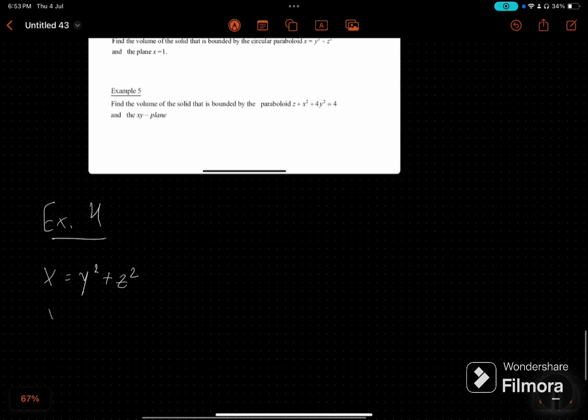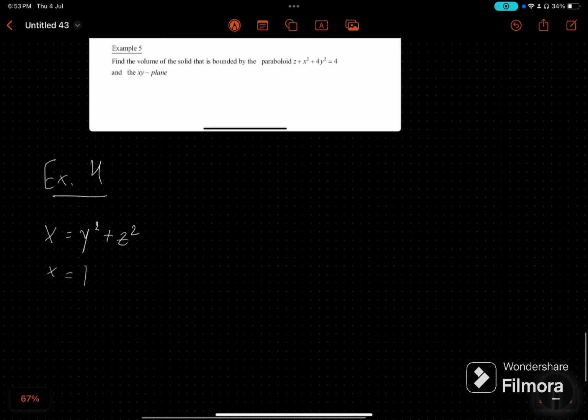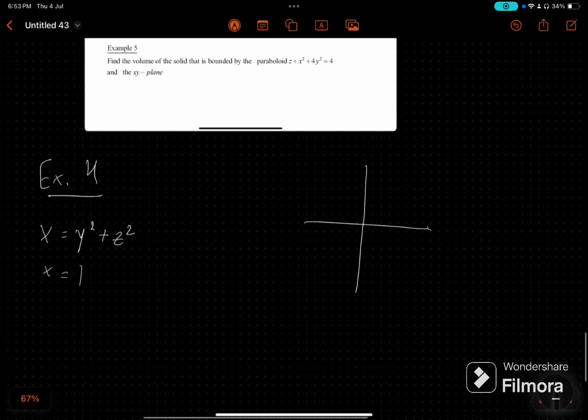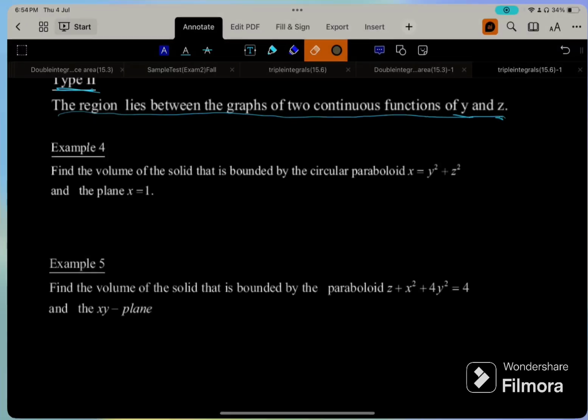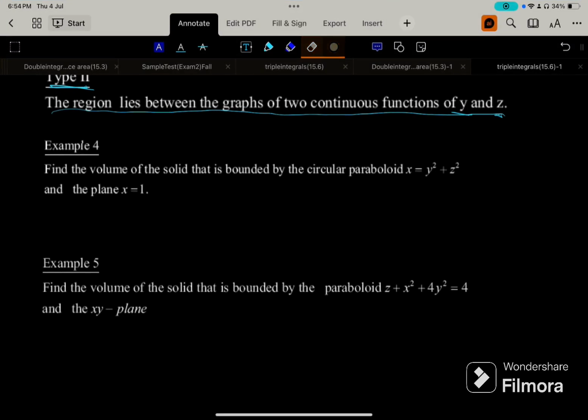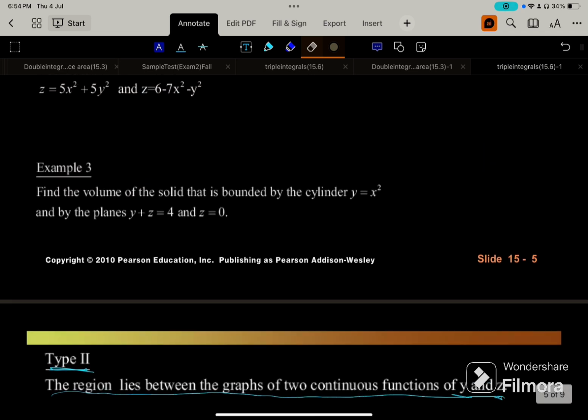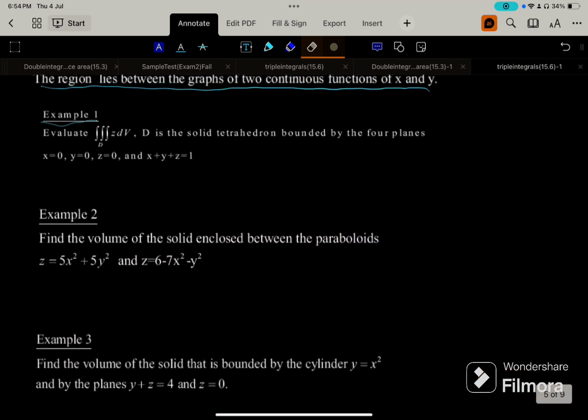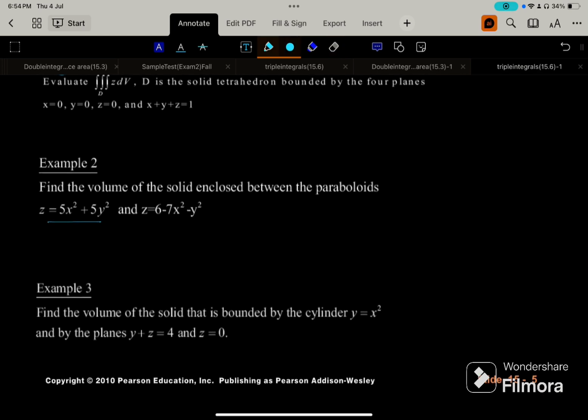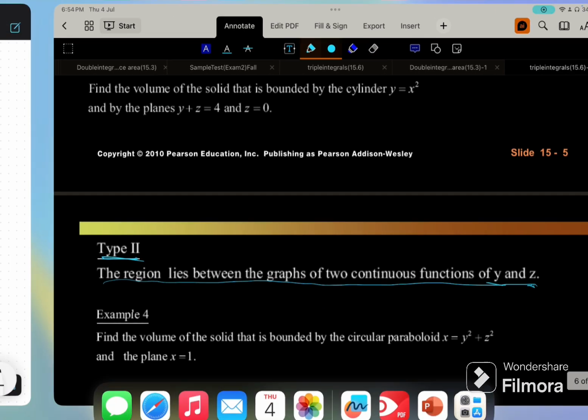Now we have x equals 1. These two, we can draw them. That's interesting. This looks like a paraboloid. Yes, this is a paraboloid. But it's different in that our paraboloids before were in the xy, and now it's going to be in the yz.